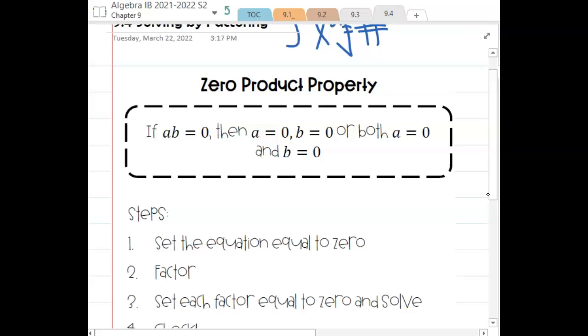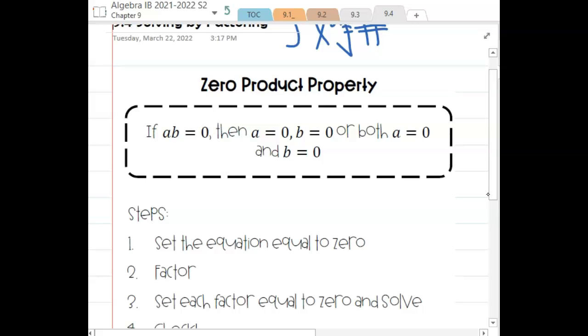So think for a second. You multiplied two things together and you got 0. The only way that's possible is either a had to be 0, so that would be 0 times something to give you 0, or b would have to be 0, because something times 0 would give you 0, or they both would have to be 0, because 0 times 0 gives you 0.